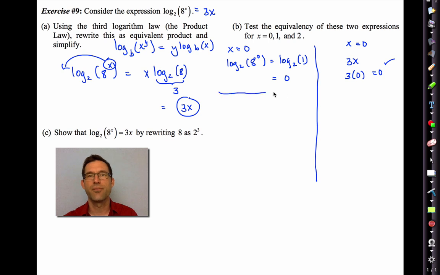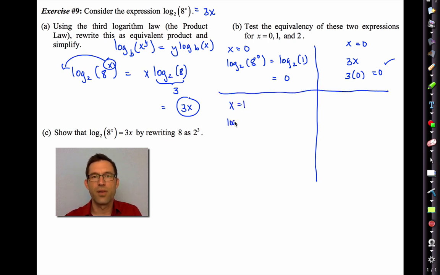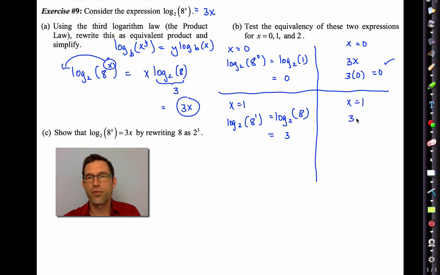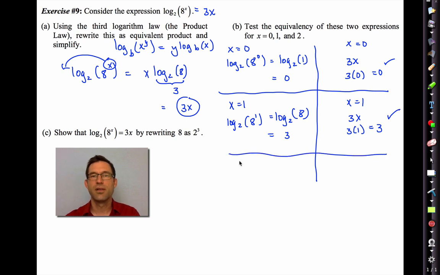So it works there. Let's try x equals 1. Here I'll have the log base 2 of 8 to the first, which gives me the log base 2 of 8. 2 to the what gives me 8? 3. Over here, x equals 1. For 3x, I'll just get 3 times 1, or 3. Okay, that checks. Let's do one more.